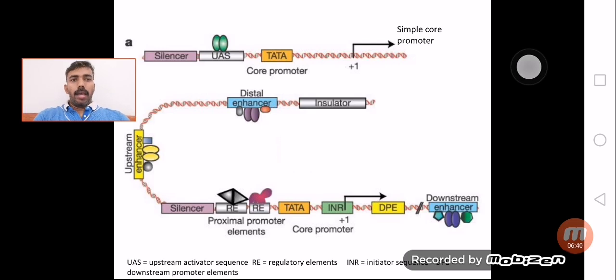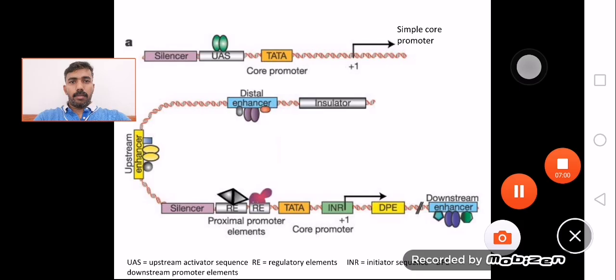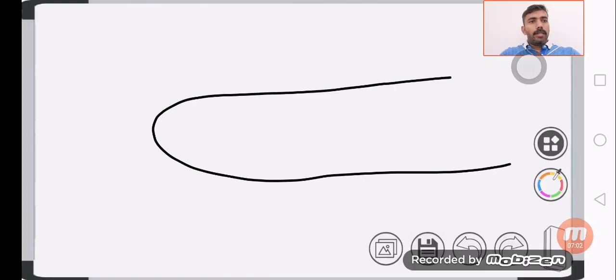Additionally, you can see insulators, of which a few have a positive impact on transcription, and others have a negative impact on transcription. So all together, all these sequences are controlling gene transcription, or RNA synthesis. Let's see how all these sequences and proteins interact with each other.